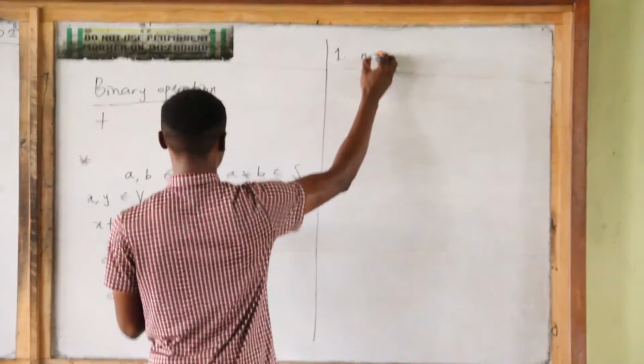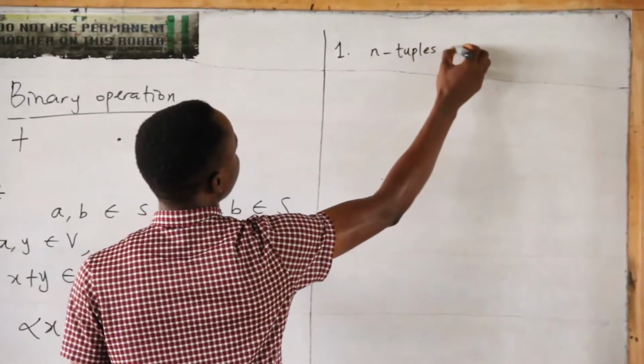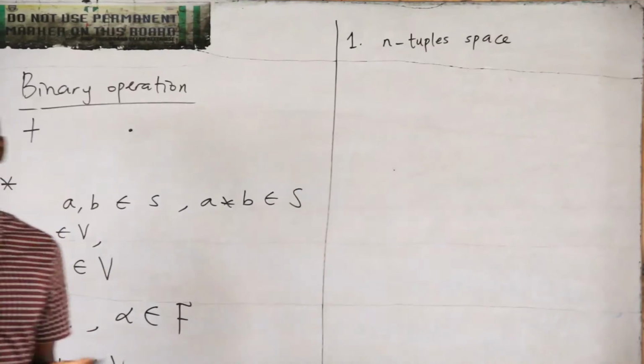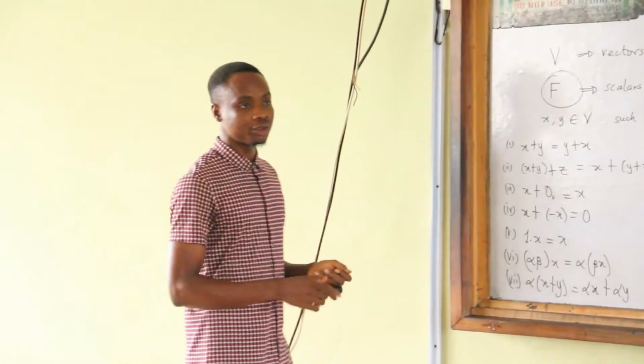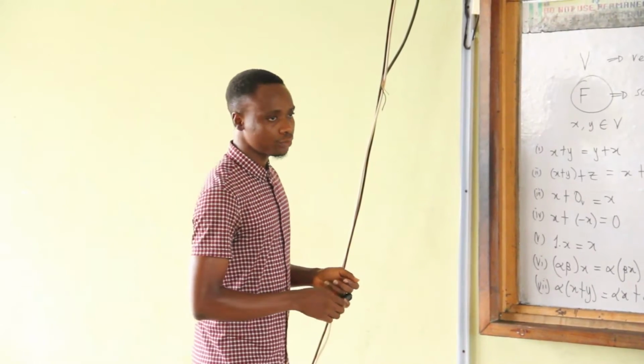Example 1, the n-tuples space, an example of a linear vector space. Here we go, a working example.